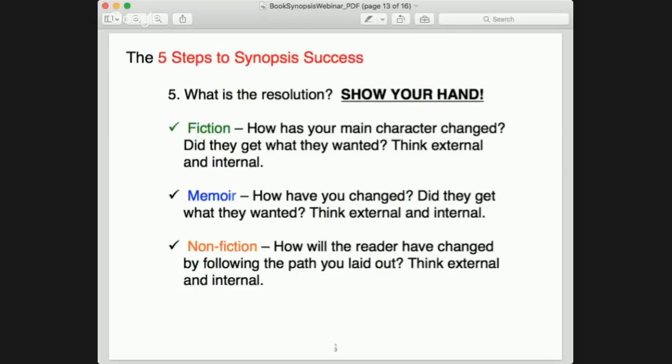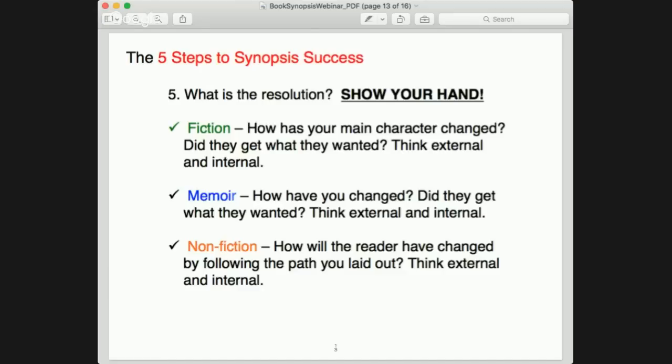Finally, step 5 is, what is the resolution of the story? And the mistake that writers make here is a natural one. They hold back the information that we need to know about how the story actually ends or resolves. And I can't say it strongly enough that you need to show your hand.